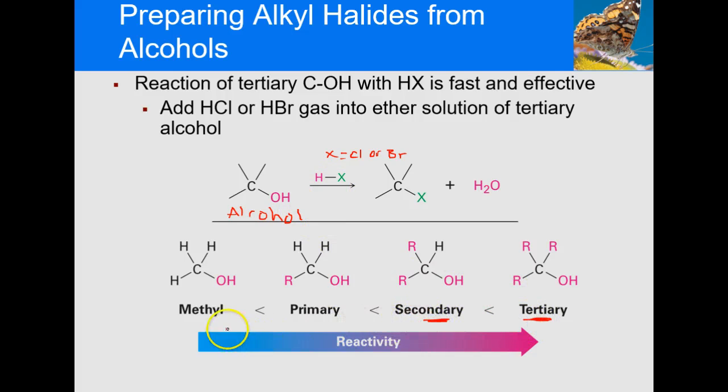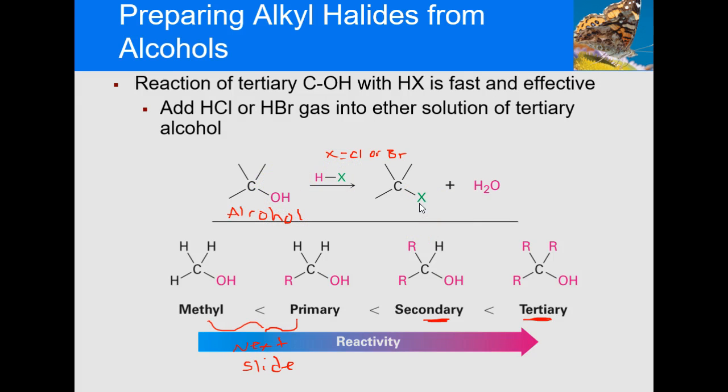The next slide we will see what you can do with primaries. The next slide we will see a reaction that works really well with a methyl or with a primary. But for secondary and tertiary, this reaction works very well. You basically have an HX, and this part forms water. Your OH and your H go off to form water, and your X substitutes the OH.